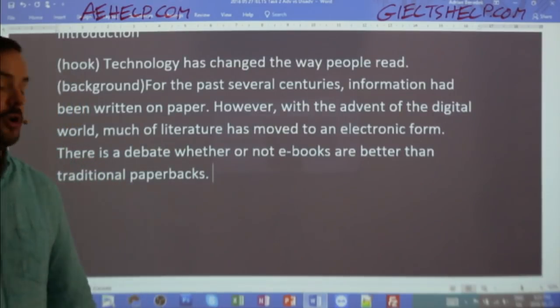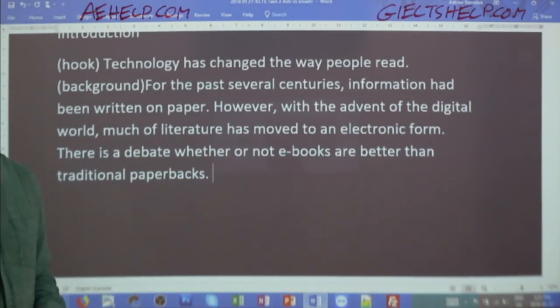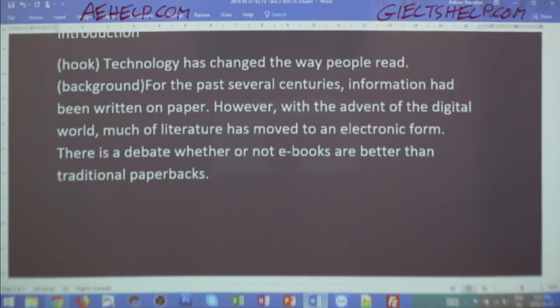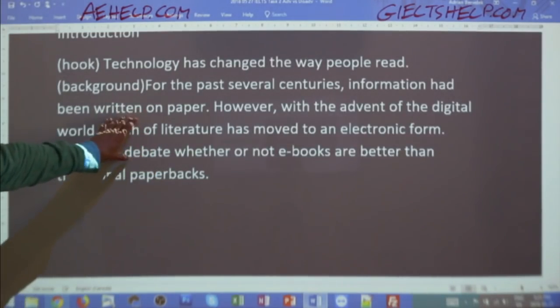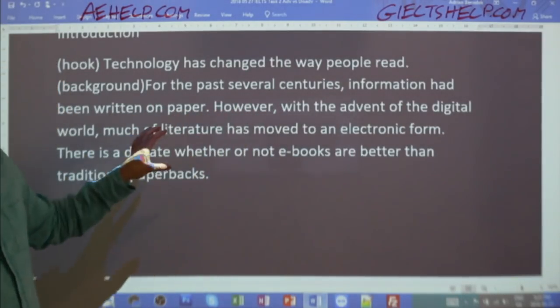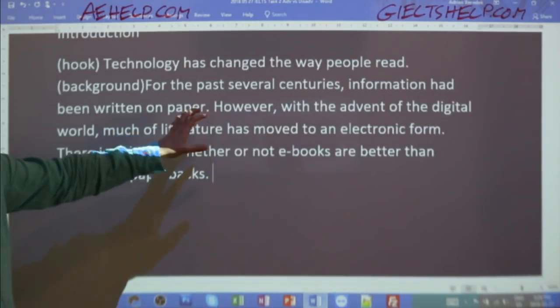So paper books are also called paperbacks, or paperback. Of course, in this case, it's plural. You can write, Baljit, the paraphrase sentence in the intro here in the background. I kind of did that right now. So this background information is more or less a paraphrase of that question.